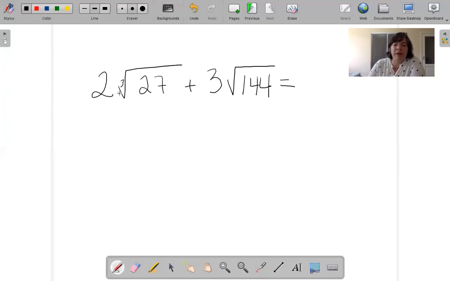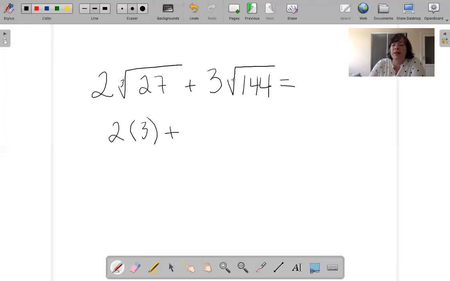Well, the cube root of 27 is 3, because we've got that memorized. 3 times 3 times 3 is 27. 2 times 3.